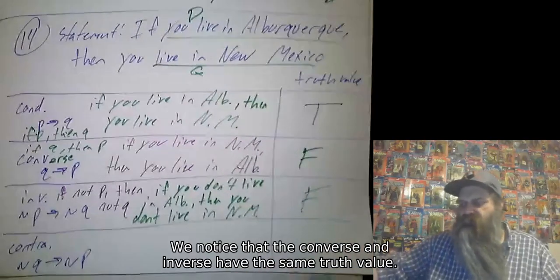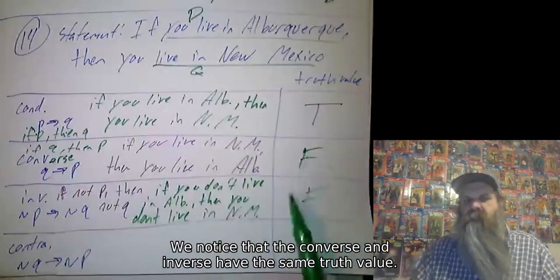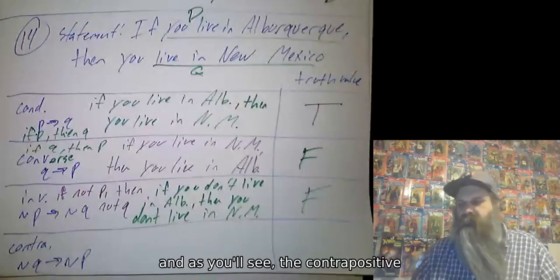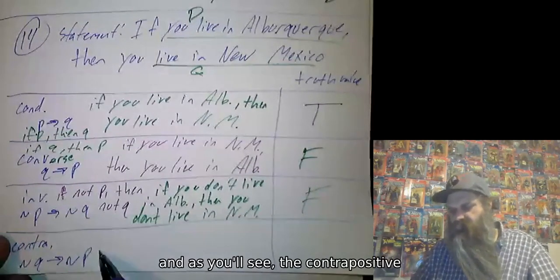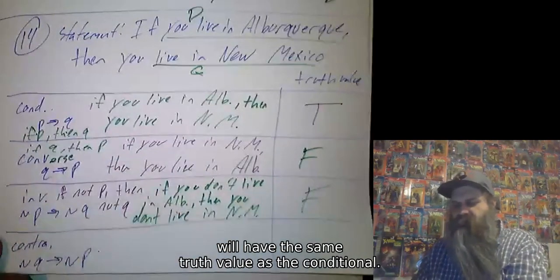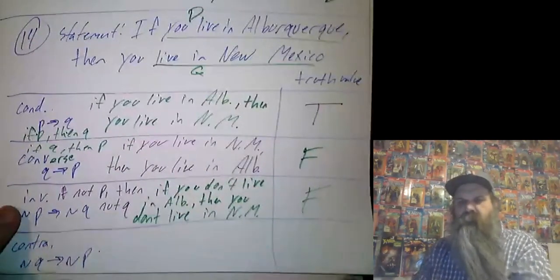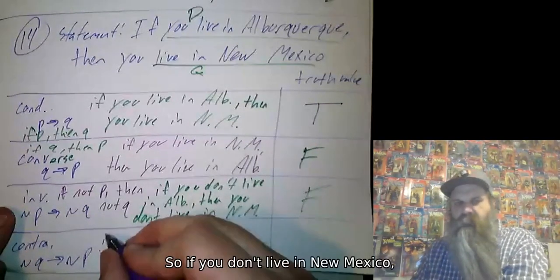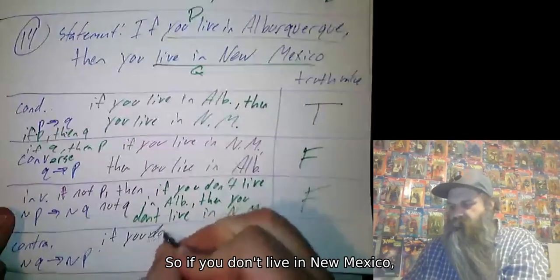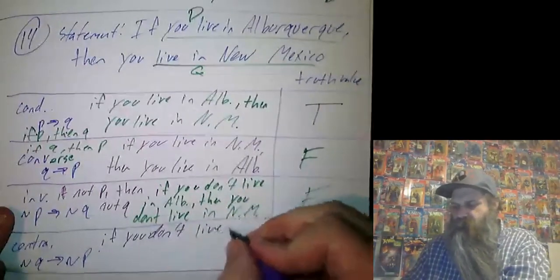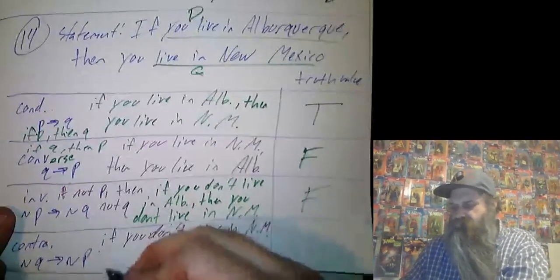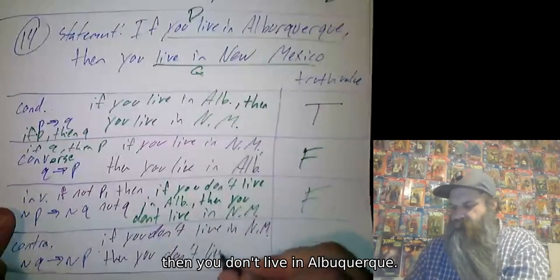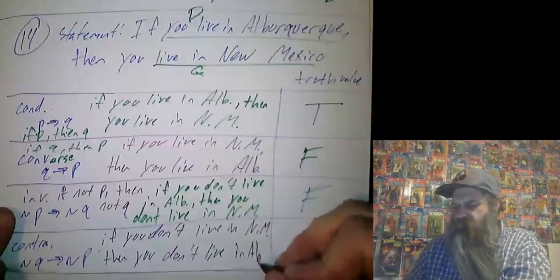And this is logically equivalent. We notice that the converse and inverse have the same truth value. And as you'll see, the contrapositive will have the same truth value as the conditional. So the contrapositive is if not Q, then not P. So if you don't live in New Mexico, then you don't live in Albuquerque.